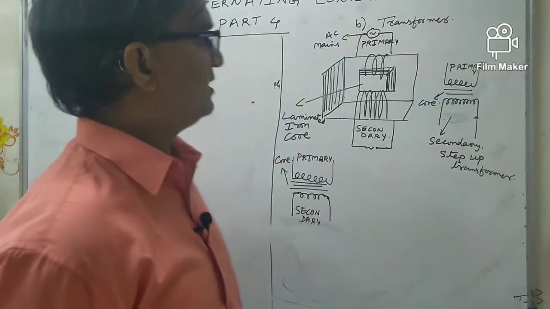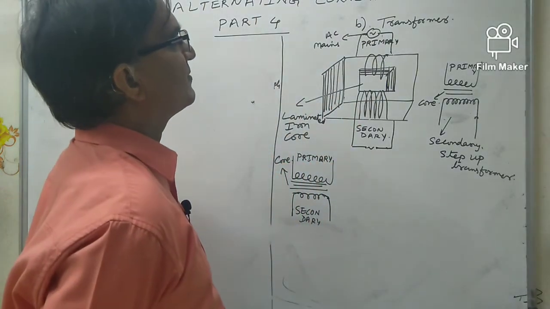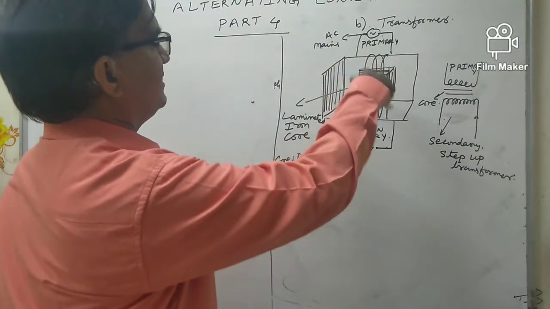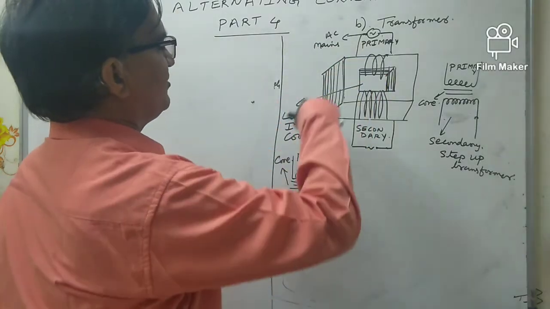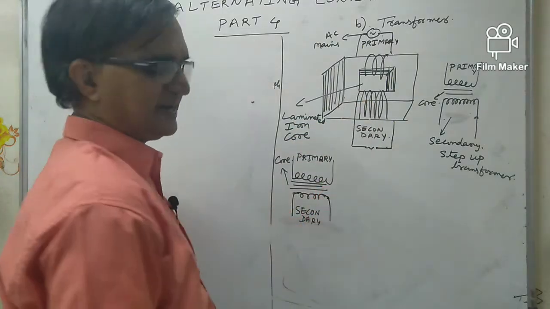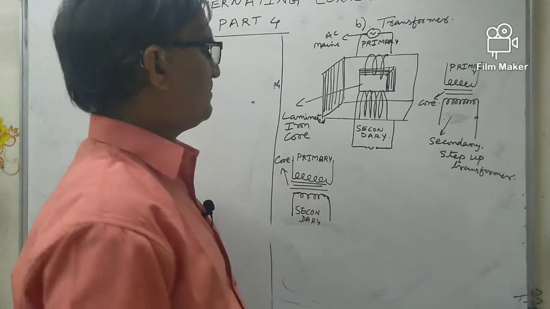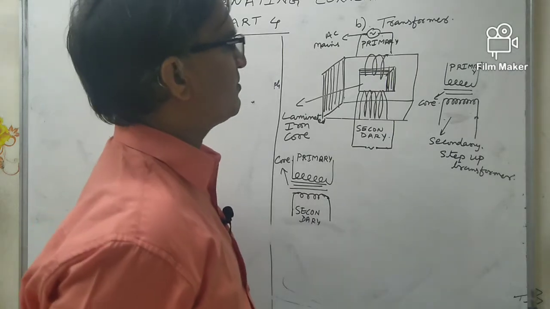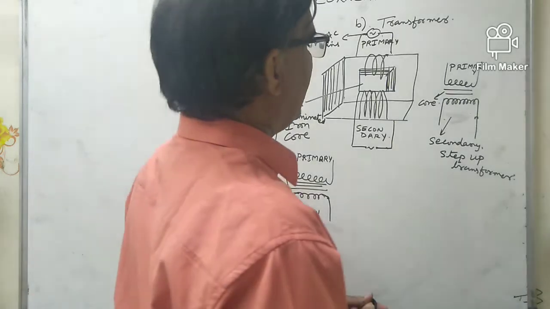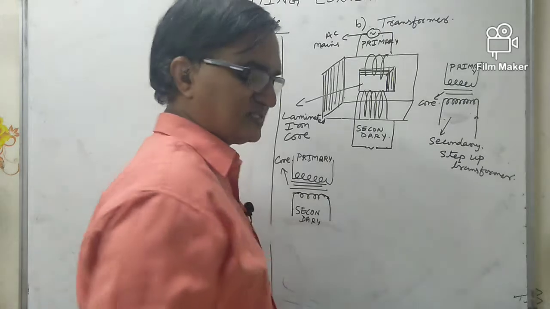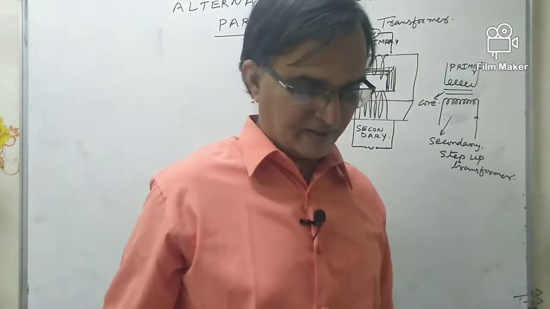These copper turns are wound around the laminated core here. One is called the primary coil, the other is called the secondary coil. Suppose the primary turns are less and the secondary turns are more, it is called a step-up transformer. And if the primary turns are more and the secondary turns are less, it is called a step-down transformer.